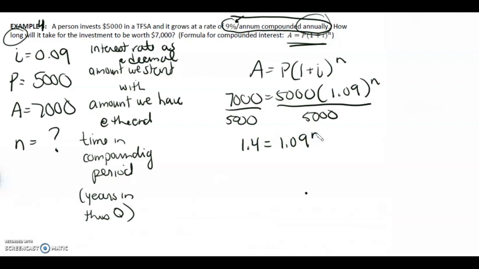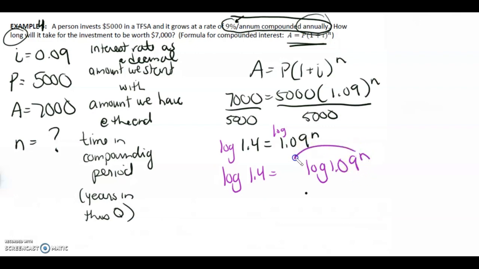In grade 11, what we would do is plug in different exponents for 1.09 and try to match the 1.4, and it would be approximate. Now that we're in grade 12, we're going to log both sides. So we have log of 1.4 equals log of 1.09 to the n.